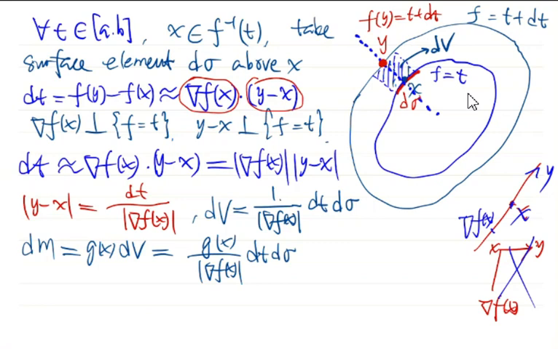So this dm is the mass of this small region. Now we let x go through the surface f equal to t. Then making the surface integral, we will obtain the mass of the region between these two surfaces.